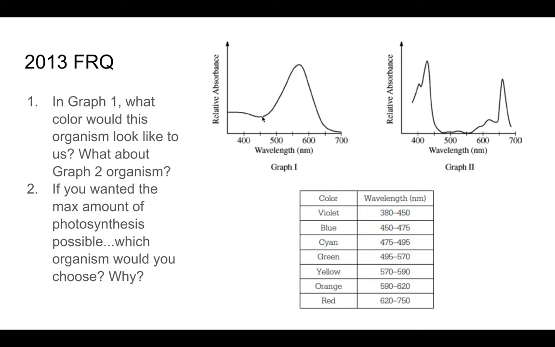Because if it's not being absorbed, it's probably being reflected back. So this is really good at absorbing values between 500 and 650, which is anywhere around this kind of transition from green to yellow to orange to red. So this organism is probably some kind of bluish purple organism.